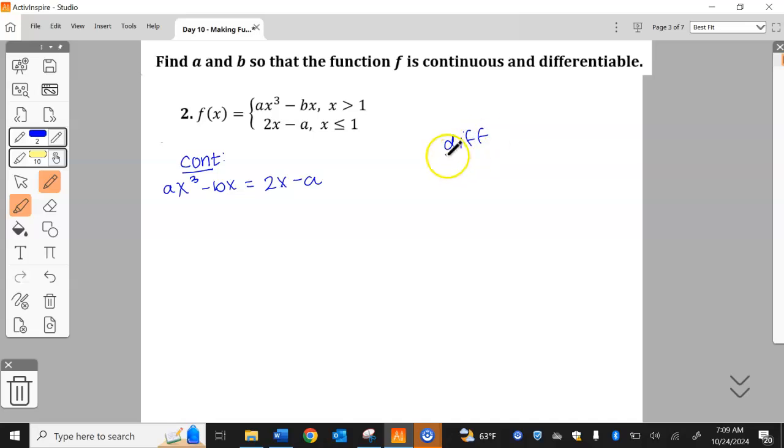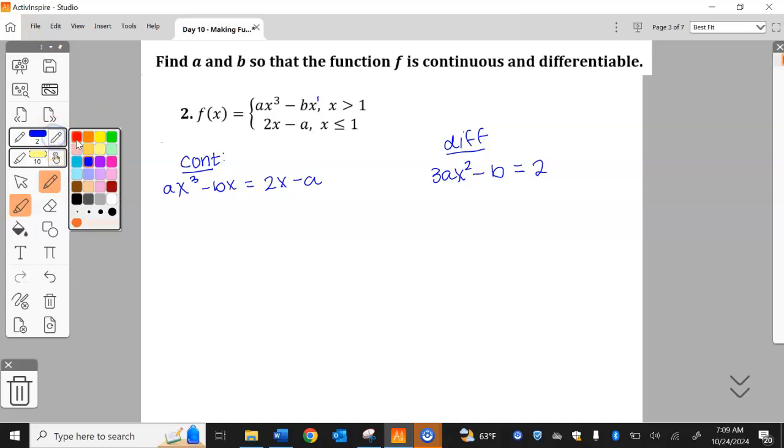Then to make it differentiable, I need to set the slopes equal to each other. So this will become 3a x squared minus, that's x to the first, so 1 times minus b is minus b, x to the 0. Then 2x will just be 2. A is a constant, so when I take the derivative, it's going to become 0.